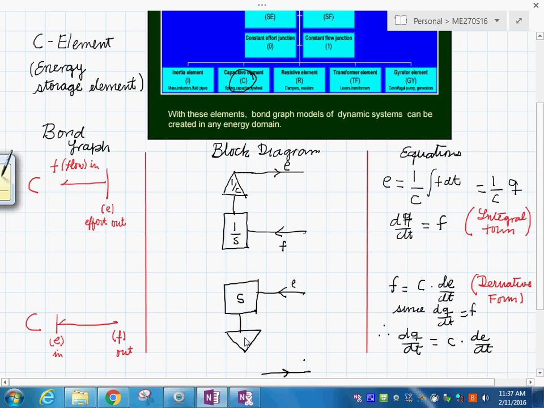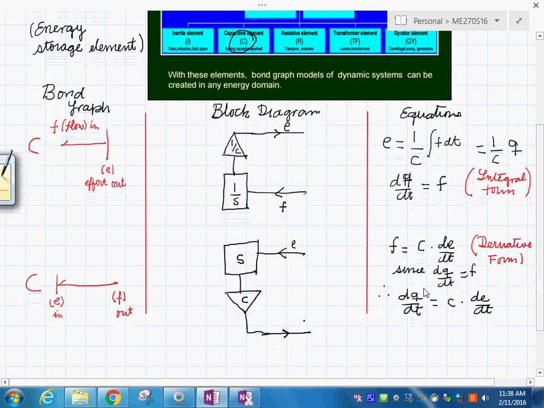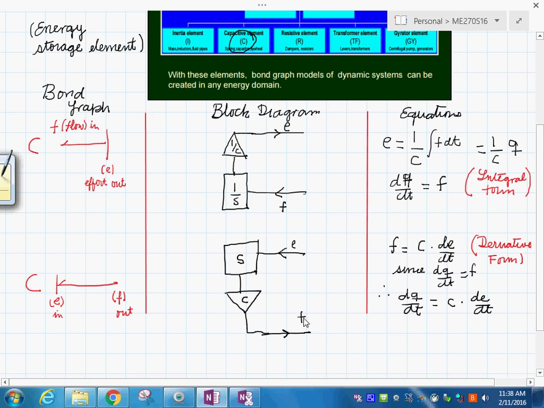And I think what is left to do here is that I need to show you examples in the different energy domains. Like for example, we do a mechanical system.